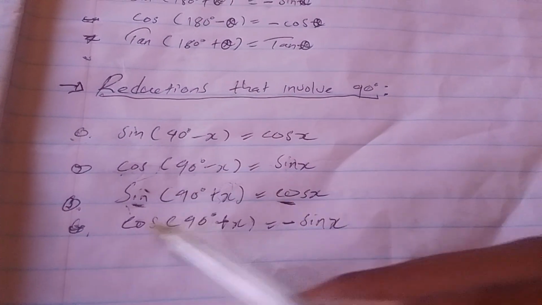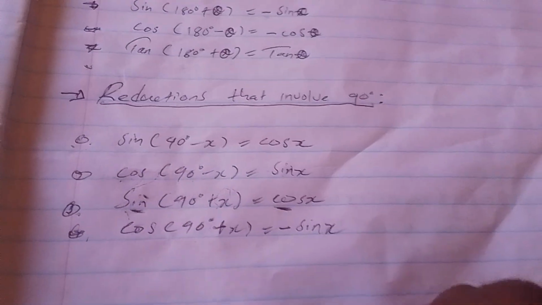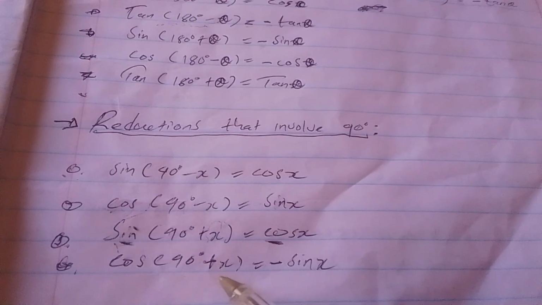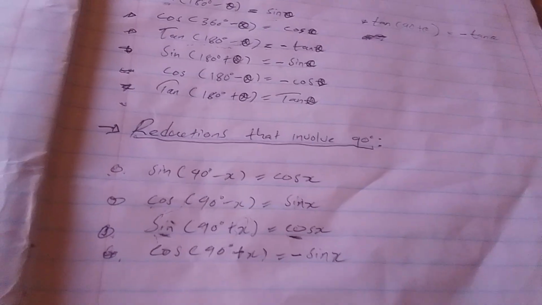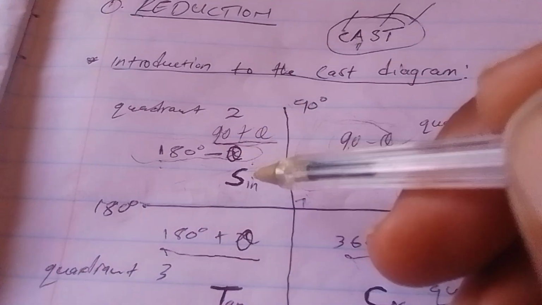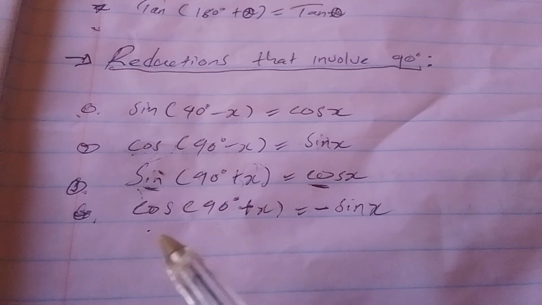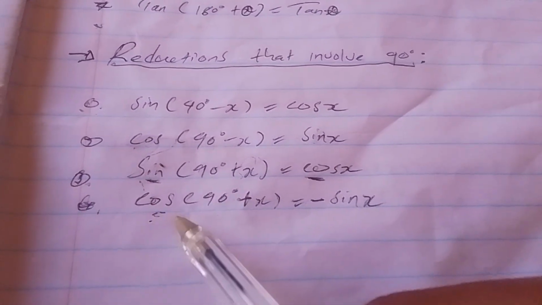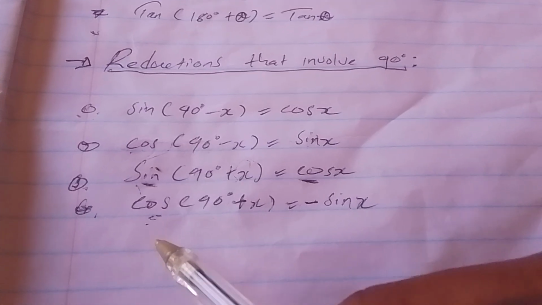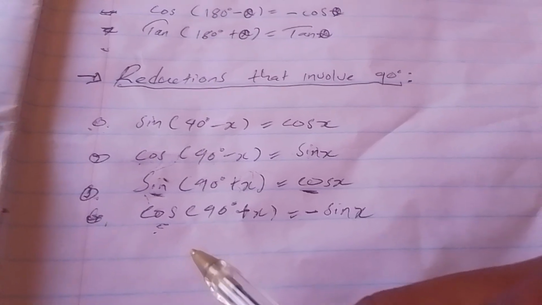It's positive. So then let's go to cos. Cos of 90 plus x. Now it's a cos, and on our second quadrant we only have sine as a positive identity. So it will change from cos to sine, but then the signs, that's where the problem lies.